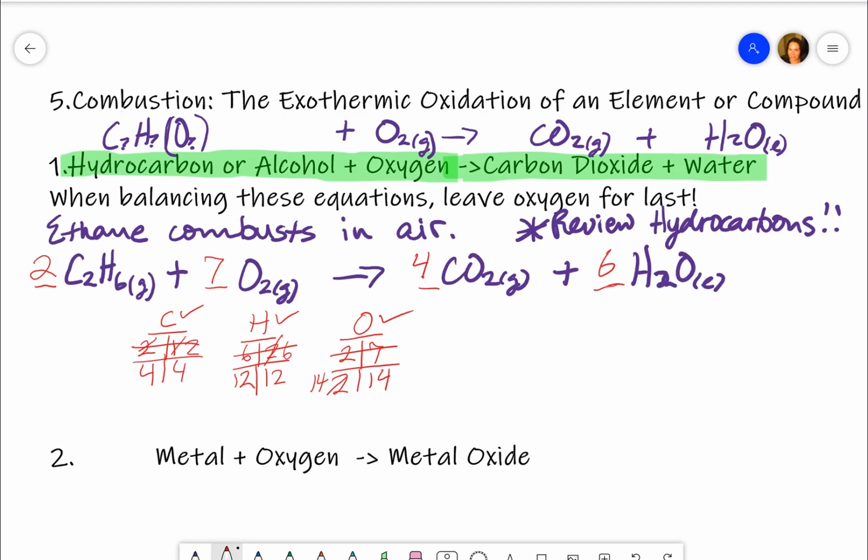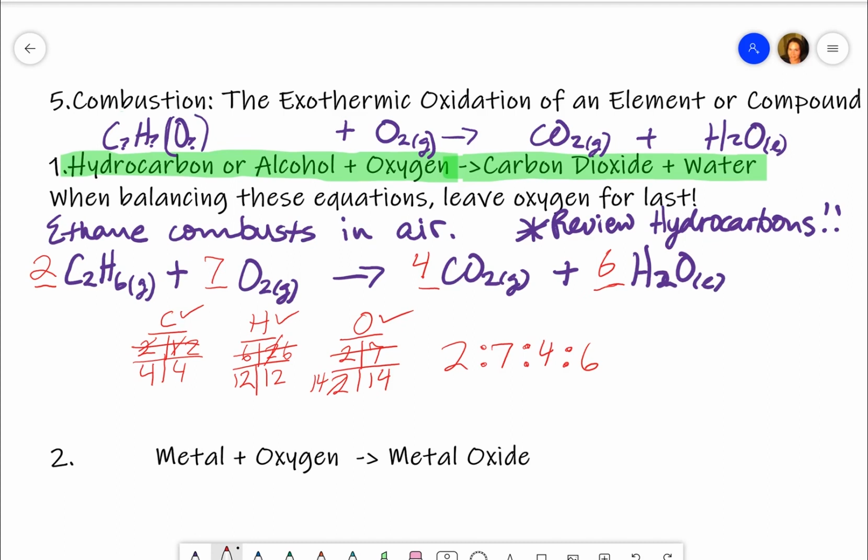When you look at your balanced equation, I'm sure it said somewhere else in the notes, like on an earlier day, but your coefficients need to be the lowest whole number ratio. So the coefficients here, on the left, I've got 2 to 7, and on the right, I've got 4 to 6. These cannot be reduced anymore because there's a prime number in there. 7's a prime number. So 2, 7, 4, 6, I can't reduce those by 2.